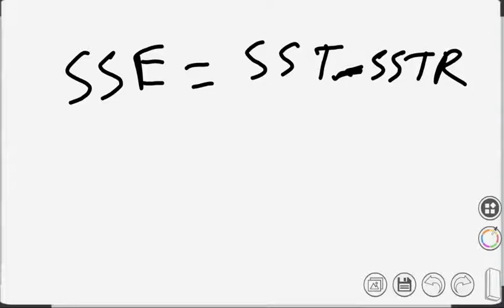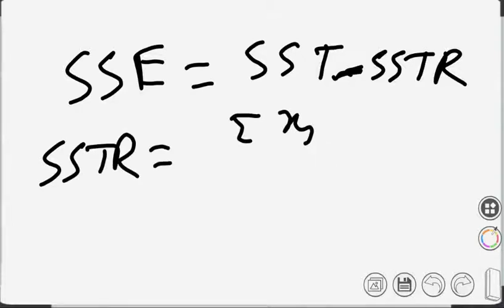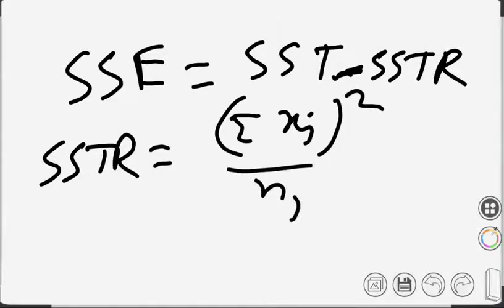Whatever book you follow, or this particular table, just explain the meaning of each term. When you write the table, the terms are self-explanatory. Sir, what was the formula for SSTR? I'll write it again. SSTR is summation xj square by nj minus CF. I'll explain when we do it.